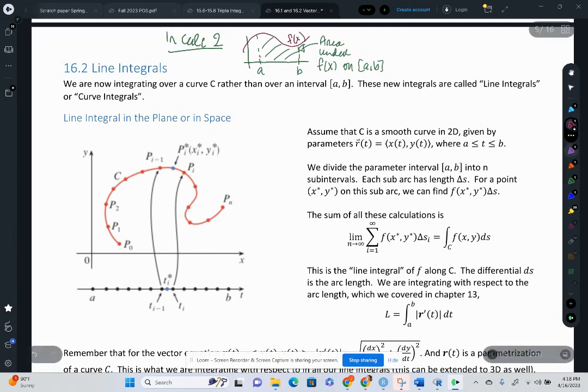Now, when we get to 16.2, what we're looking at is having an octant, right? We've got X, Y, and Z, and then this is going to be kind of weird. Maybe I'll use my highlighters. So we've got some surface here. We can call that surface f of x, y.